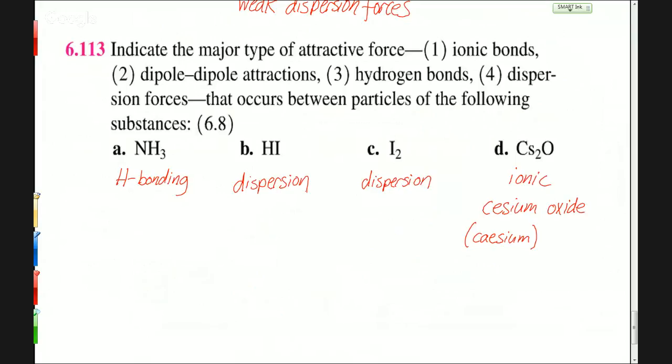So that kind of throws off our trend. But that's just because NH3 is so light compared to those other ones. Size also matters here. And Cs2O would be ionic, so those are much stronger forces. Those are ions.